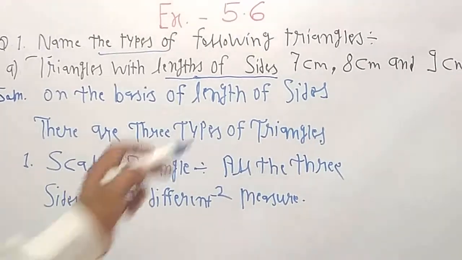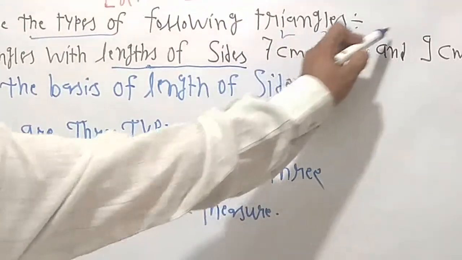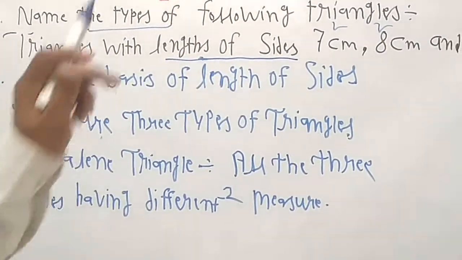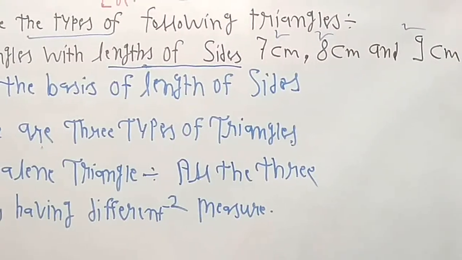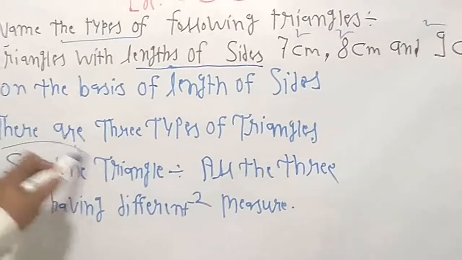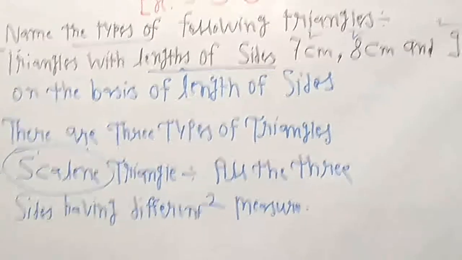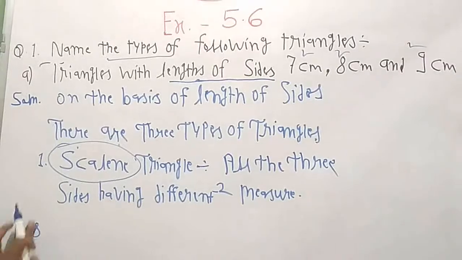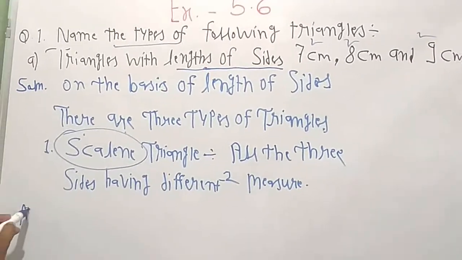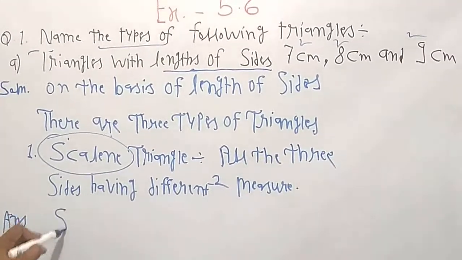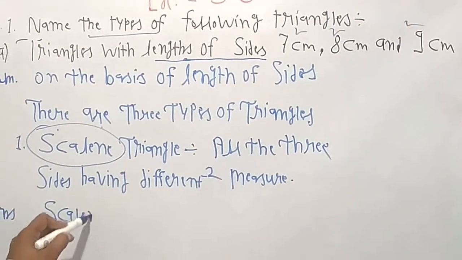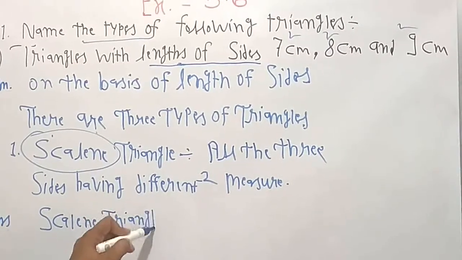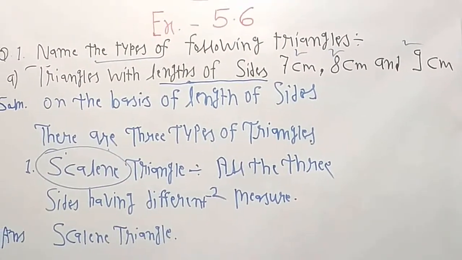So when we observe this, it is 7 cm, it is 8 cm, it is 9 cm. It means in this case A, the measurement of all the three sides is different. So it is a scalene triangle. So the answer of this A part is scalene triangle. Why? Because the measurements of all the three sides are different.